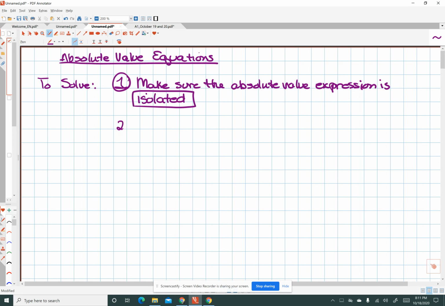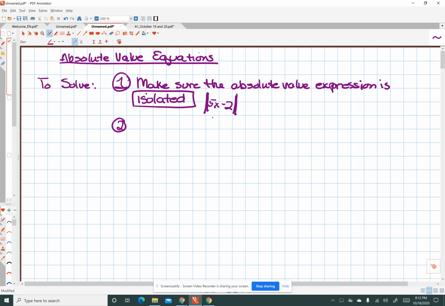You could have an absolute value inequality. Okay, step 2, set the part inside the bars. So we could have 5x minus 2, but that's inside absolute value bars.